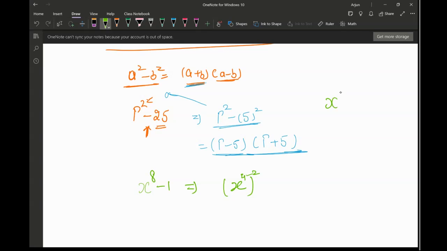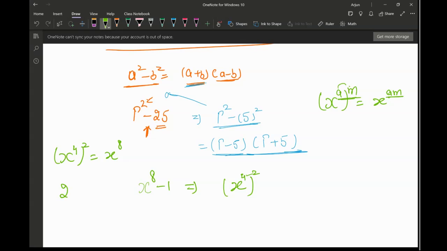So the formula is x raised to the power a times m, this will be x raised to the power am. If there are two exponents, one is outside the bracket, another is inside the bracket, these two exponents get multiplied directly. So if it was written like this, x raised to the power 4 times 2, I could have written it directly x raised to the power 8.